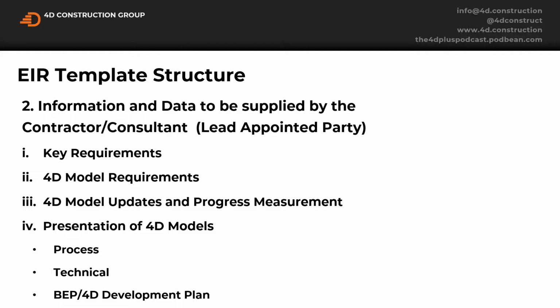Point 2 here is on the actual model requirements. For some of you that have seen the 4D models that we presented earlier, they will be very different to the 4D models that you may have seen elsewhere. There are so many different software versions, and so many different levels of detail, or levels of information, included within them.